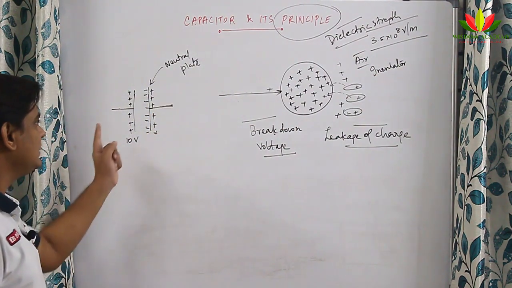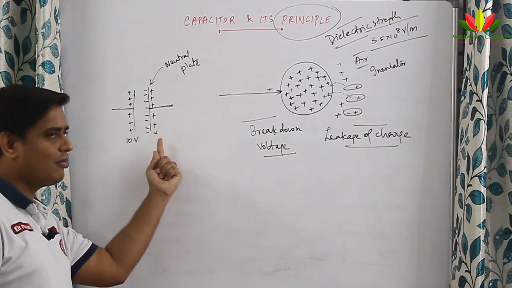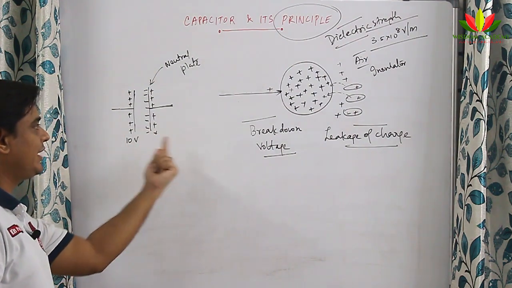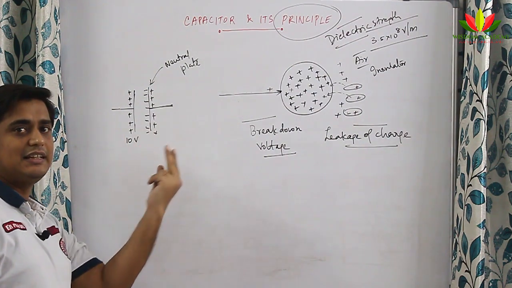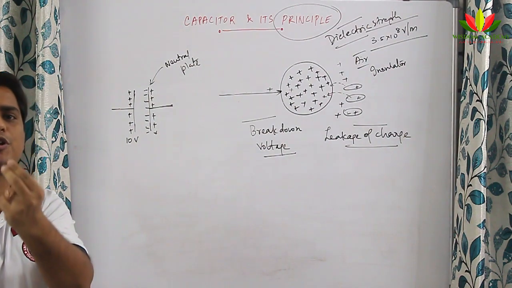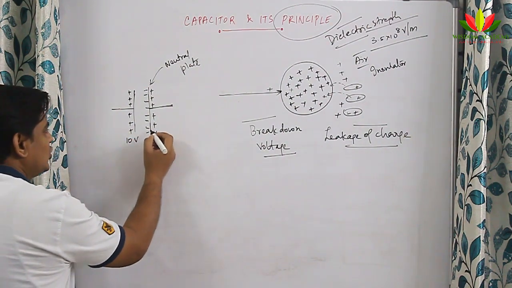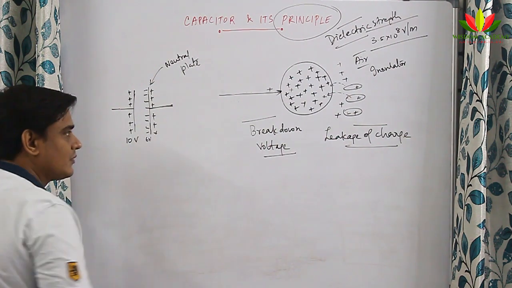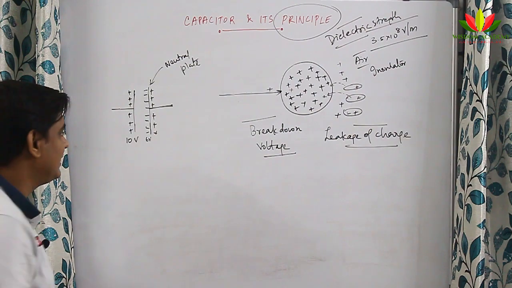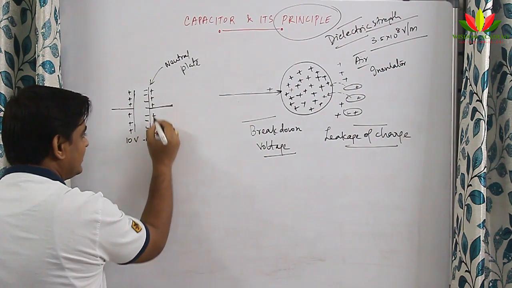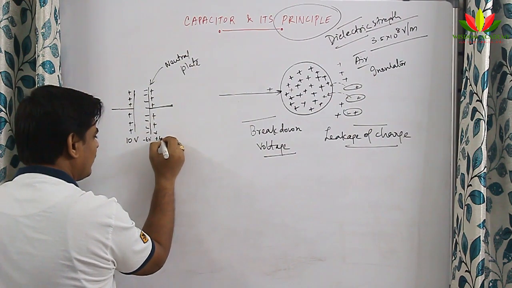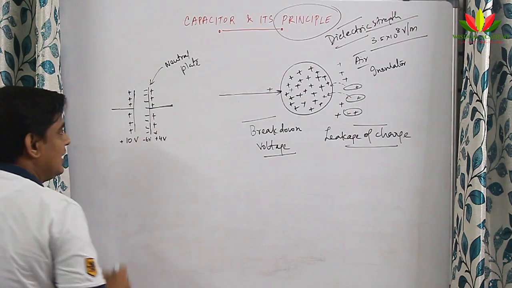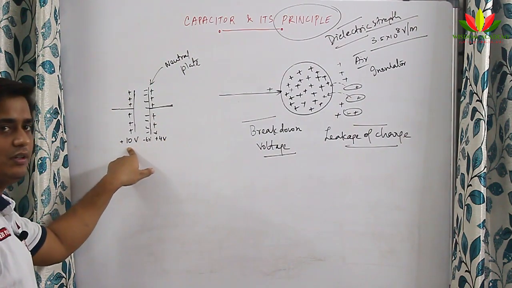Since it is present a little far from this, we know that V is equal to KQ by R. As the distance is increasing, there will be some potential, but that potential will be less than this potential. So let us assume here I have a potential of 6 volt, and definitely here it will be a little lesser than that. This will be minus 6 volt and this will be, let us assume, plus 4 volt. Initially I had 10 volt.